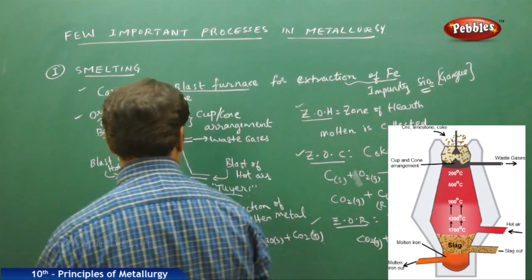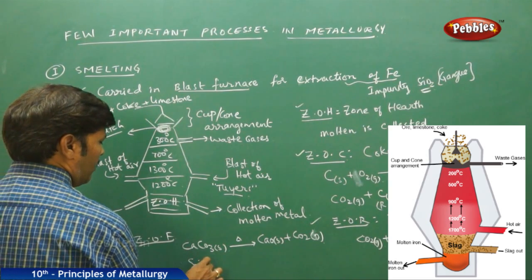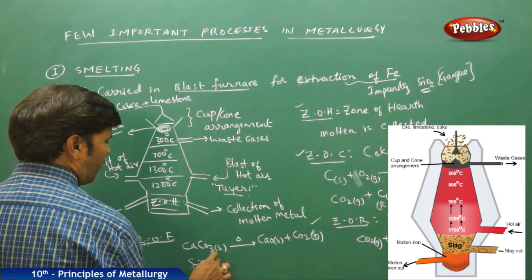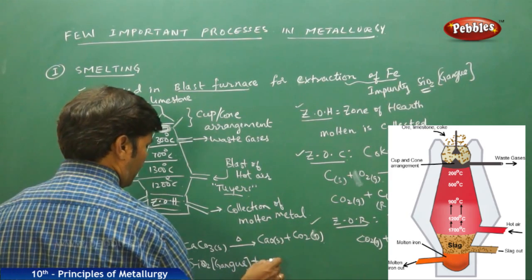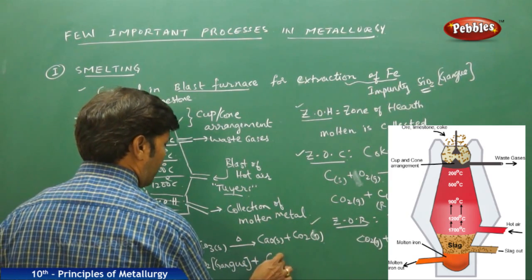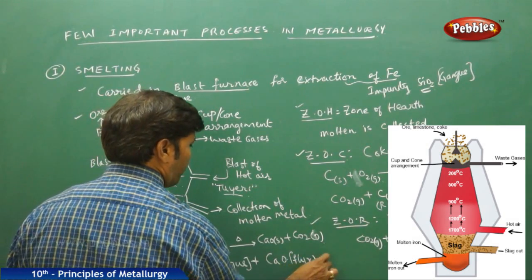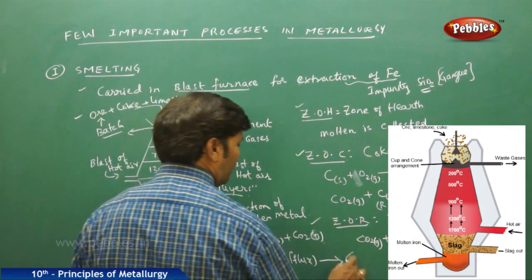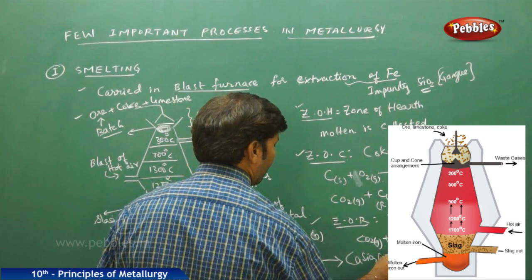So take this gangue particle, that is SiO2. SiO2 is the gangue particle. It reacts with the calcium oxide, which is acting as flux. So flux reacts with gangue particles to give calcium silicate, which will act as slag.